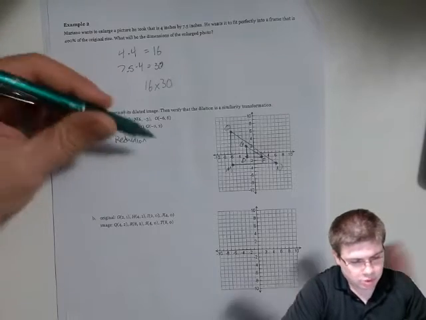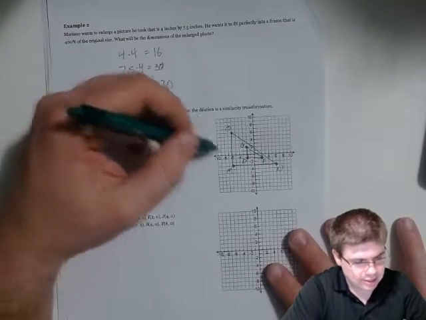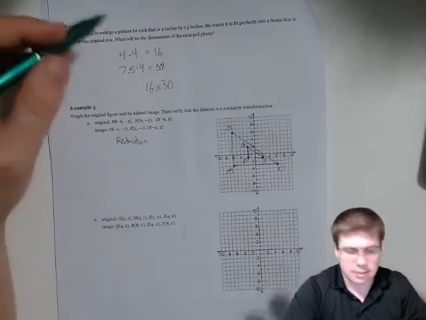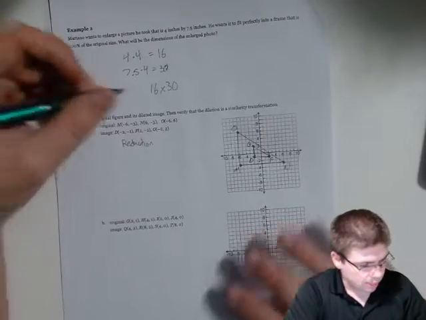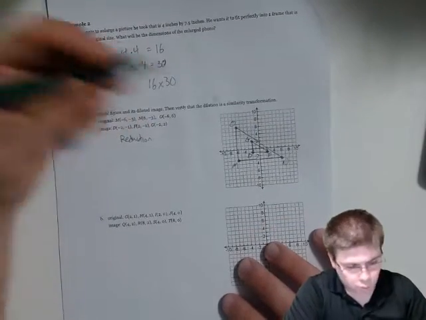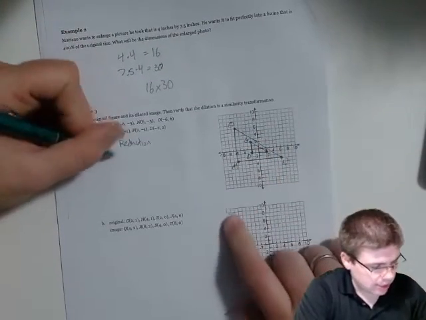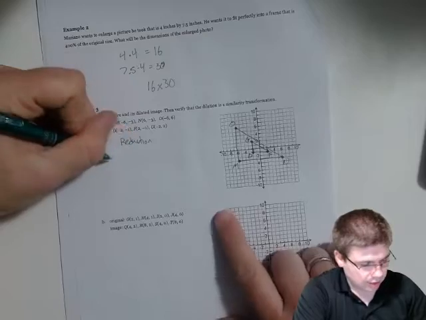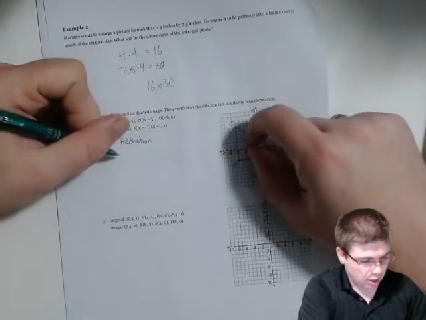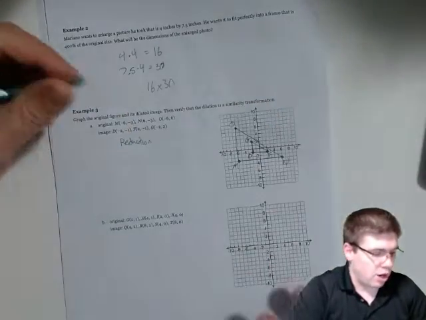We're going to ultimately verify that this is a dilation and a similarity transformation. What is the scale factor here? We're going from OM to GD, and so our scale factor ends up being our image over our original.